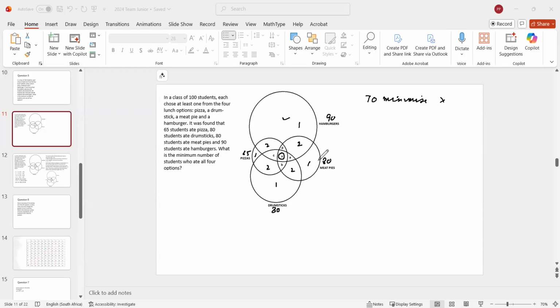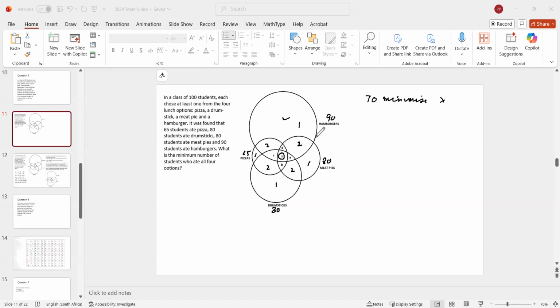I'm calling the ones who ate 3 items A, B, C, D here. That is what we want to maximize, so that you can minimize X. The number of people who ate 3 must be as large as possible.